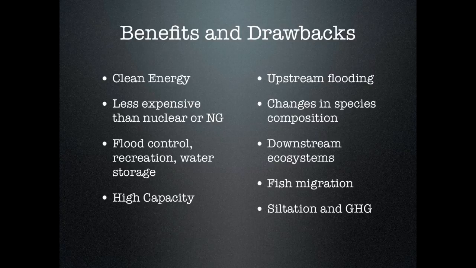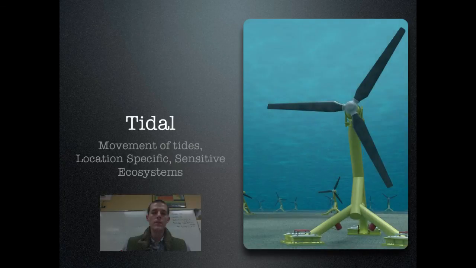Second thing is that silt builds up behind the dam, reducing the amount of water that can be stored behind the dam, and also as that silt decomposes and as any farmland, trees, forests, whatever, that was covered over by the water breaks down under anaerobic conditions, they release tons of methane, and we've talked about methane being a highly potent greenhouse gas. So you need to know the benefits and the drawbacks of hydroelectric energy generation.